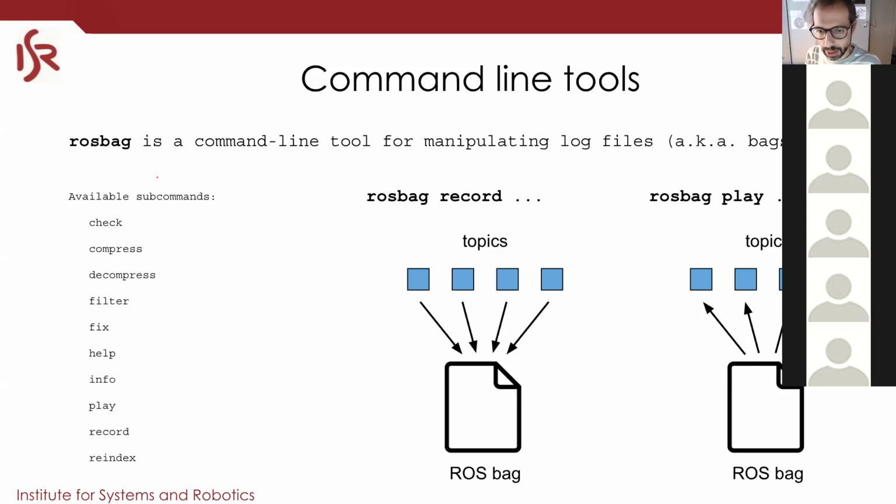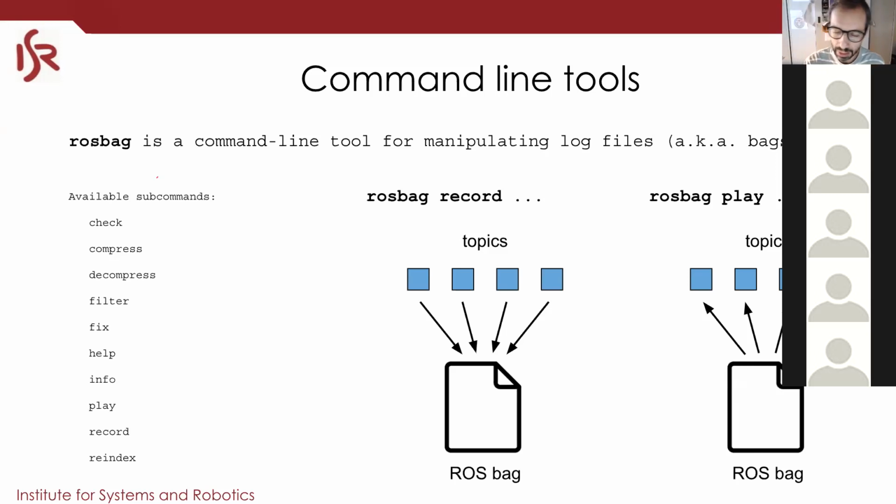And now what you can do is to play back the bag. What is a playback? This is the amazing part of ROS bag: the ROS bag will create the same topics and will publish to those topics the same messages that were recorded, at the same time instances. So it's like a playback. And this is amazing because from the software perspective, you have no idea whether the message is coming from a ROS bag or from a real robot.